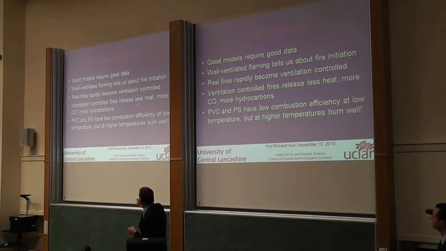Ventilation controlled fires release less heat, more carbon monoxide, more hydrocarbons, and tend to burn more slowly. And what I should have finished off with is a slide to say, okay, I started off with the exceptions of PVC and polystyrene. If you crank up the temperature a bit, actually they fall into line and they show the same effect with under-ventilation and well-ventilated flaming as most other materials.